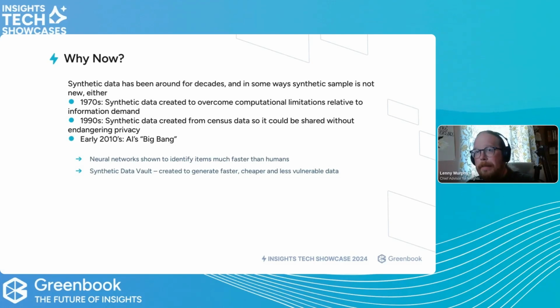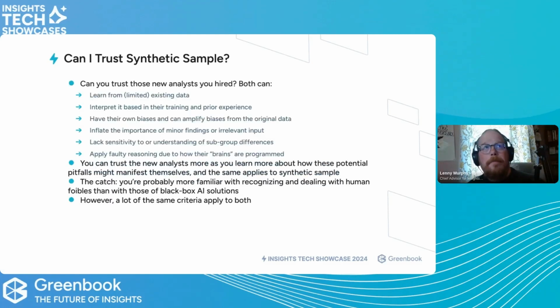Arguably, a lot of the things that we see happening with LLMs right now would exist in that type of framework. But there's also companies like Palantir, for instance, that do an awful lot of work for the Department of Defense and government agencies. They also use synthetic sample to an extent that's locked away and very secure. But it's not brand new. It just suddenly became much more accessible.